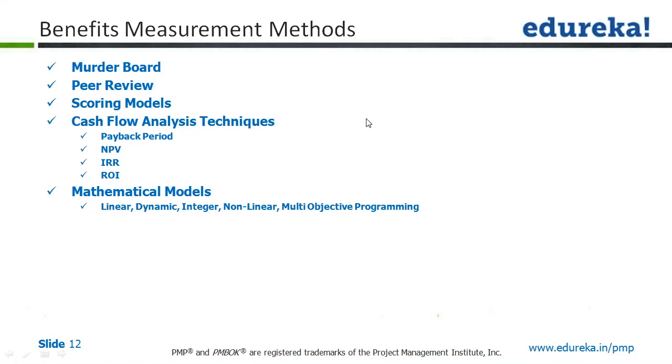Fourth, there are certain cash flow analysis techniques known as payback period, net present value, which is NPV, then the IRR, which means the internal rate of return, and then ROI, that means return on investment. And there are a lot of mathematical models, which could be linear, dynamic, graphical, to look at whether the project is really beneficial or not.